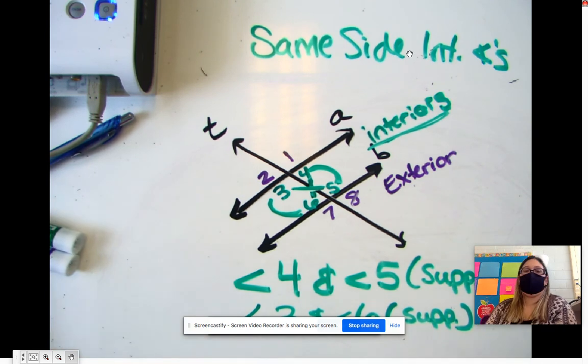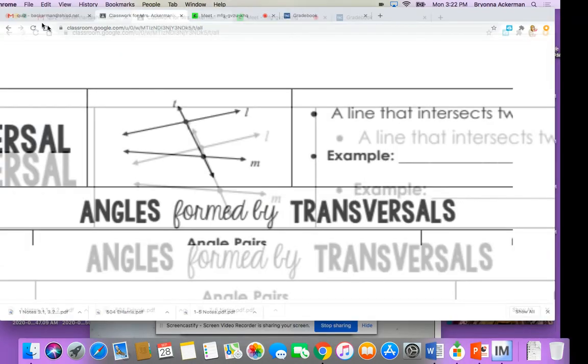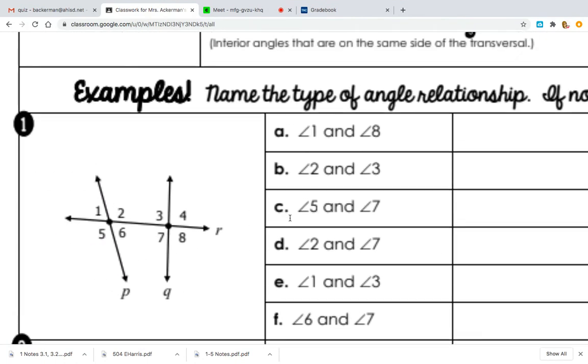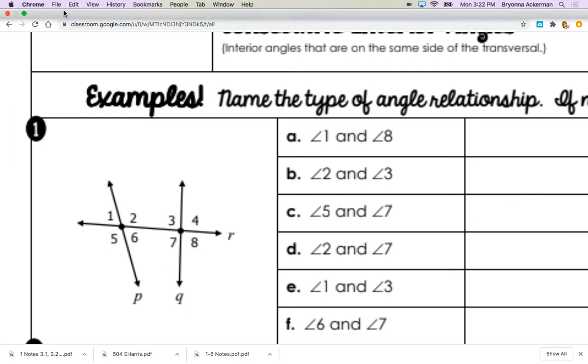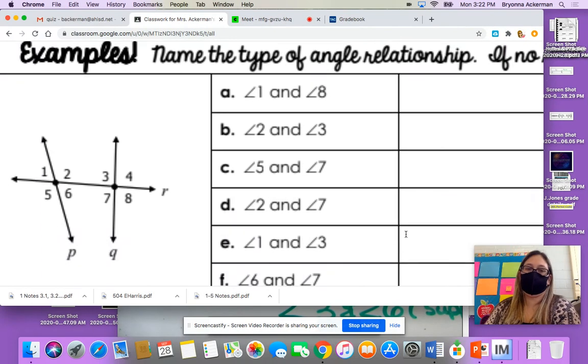So let's try an example. Okay, if I'm looking at this figure, I want to match the relationships. So if I'm looking at 1 and 8, which one of the relationships were those?